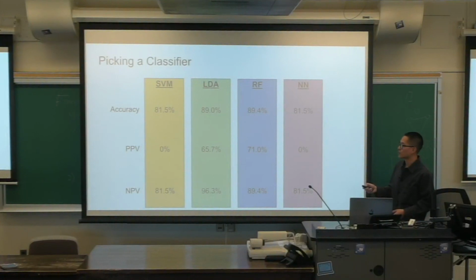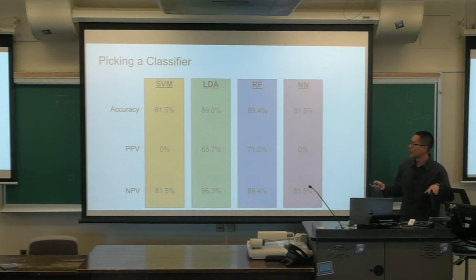We present the accuracy and also the positive predictive values, which is the proportion of positive predictions which are in fact positive, and the negative predictive values, which is the negative predictions which are in fact negative. You can see from these results that we don't have a balanced data set. 81% of our data set is negative samples.